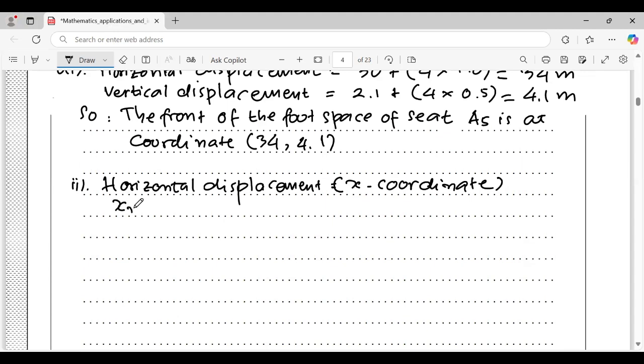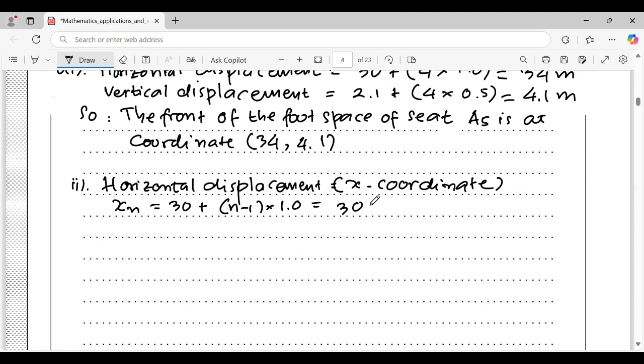It is xn equal 30 plus n minus 1 multiply 1.0. You can evaluate from the diagram.